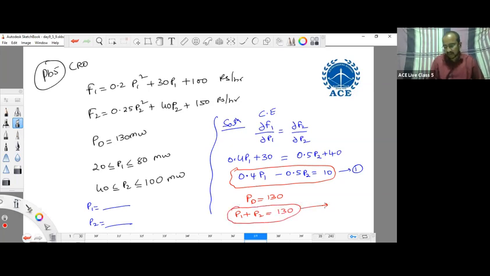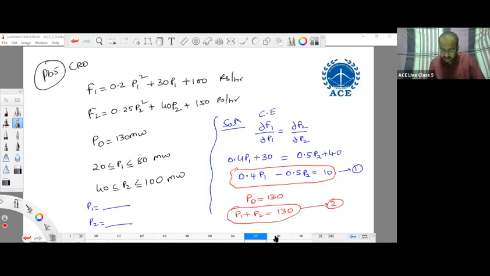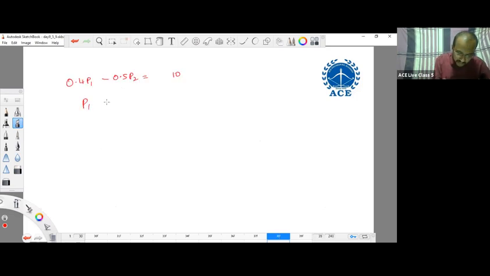Two unknowns, two equations: 0.4 P1 minus 0.5 P2 is equal to 10, and P1 plus P2 is 130. So solve these equations and you will get P1 and P2.